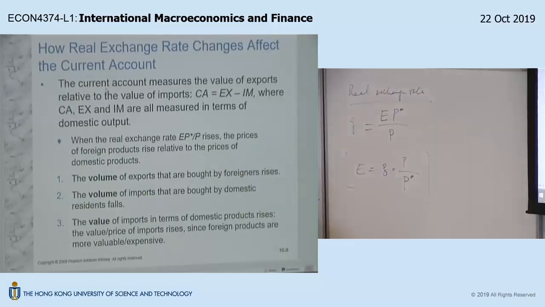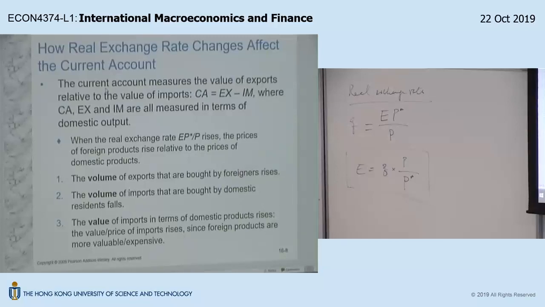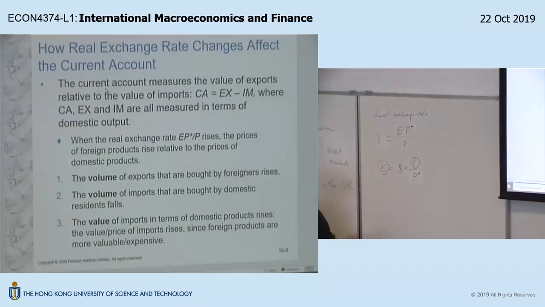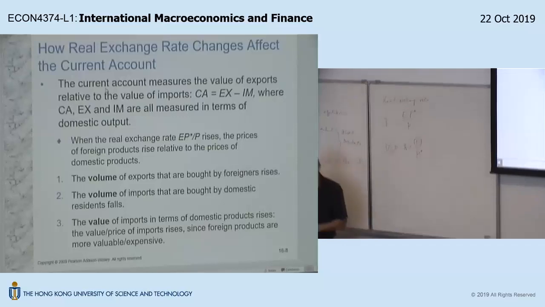So the way I remember it is that whenever domestic price increases, E will increase. In other words, whenever your domestic inflation rises, the price of your good increases, your exchange rate would also depreciate. If the price of your good increases, your exchange rate will depreciate.